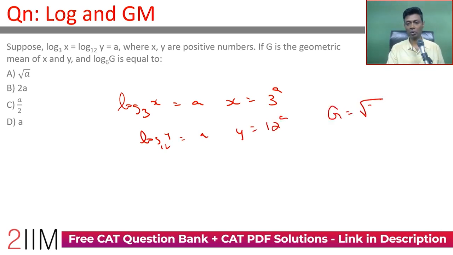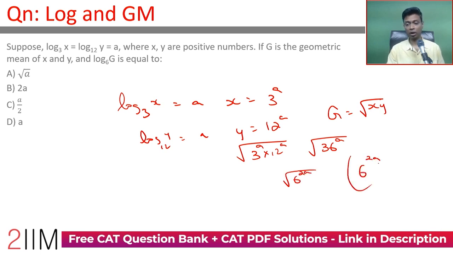Geometric mean is square root of xy, which is square root of 3 power a into 12 power a, which is square root of 36 power a. Square root of 36 power a, this is square root of 6 power 2a. 6 power 2a whole power 1 by 2, which is 6 power a. So the geometric mean is 6 power a.